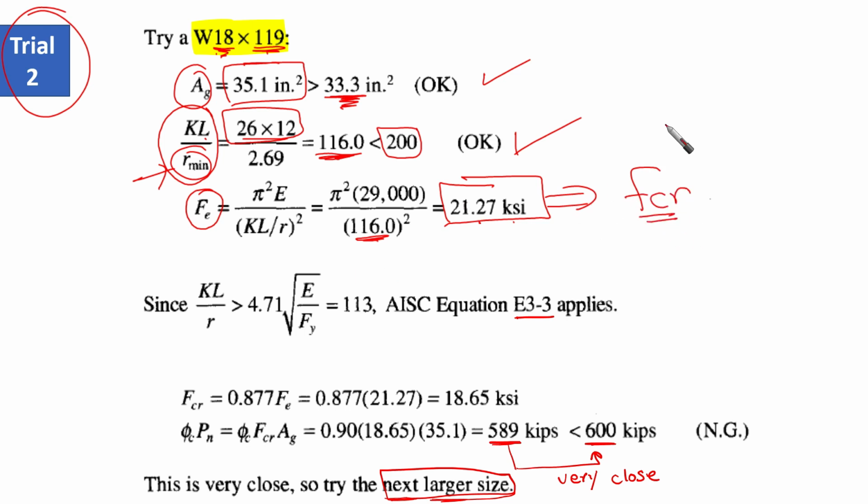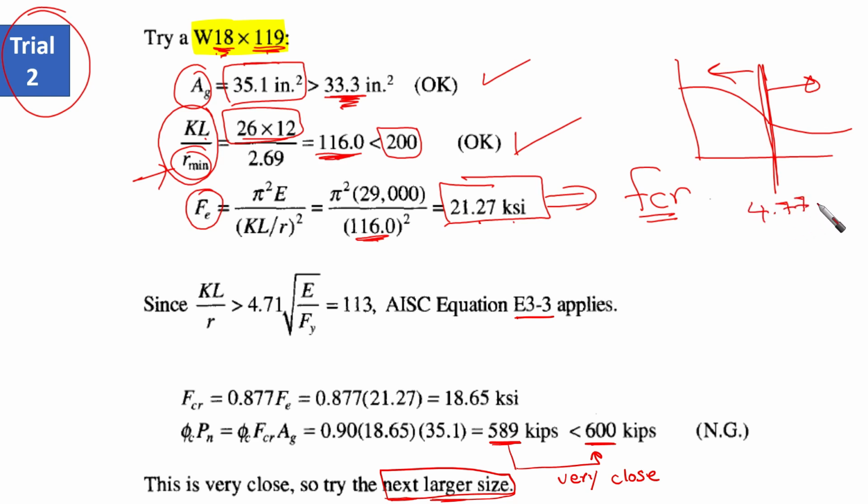But now we want to know where exactly our equation falls, elastic buckling or inelastic buckling. So we want to obtain this limit, which is 4.71 square root of E over F yield. This is the slenderness ratio here on the horizontal axis, as I explained two lectures before.